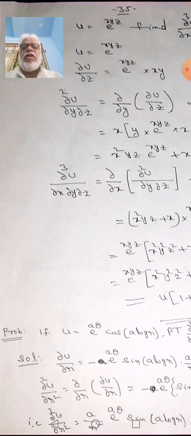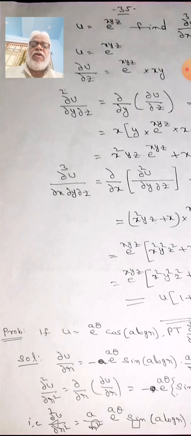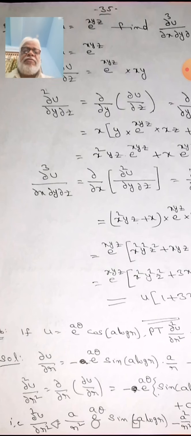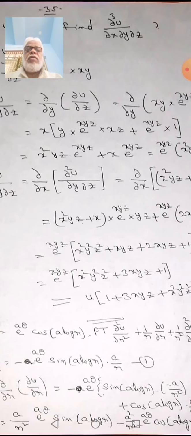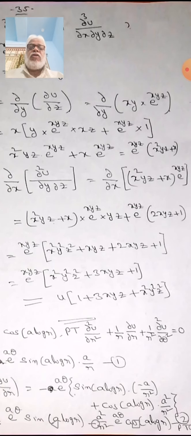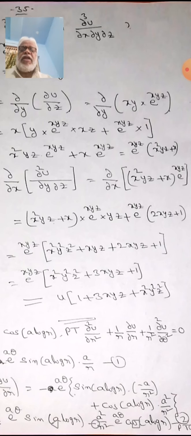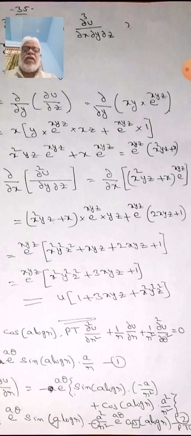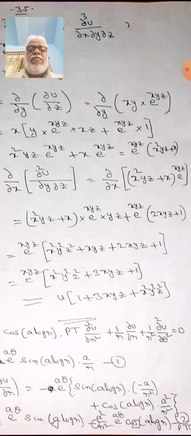Now we want to find dou 3u by dou x dou y dou z, which is dou by dou x of dou 2u by dou y dou z. That is nothing but dou by dou x of (x square yz plus x) e power xyz. You treat it as two functions; we use the uv method. x square yz plus x is the first function, and this is also in x terms.